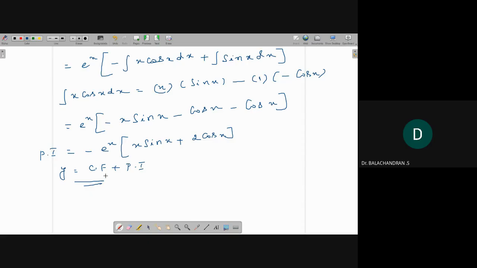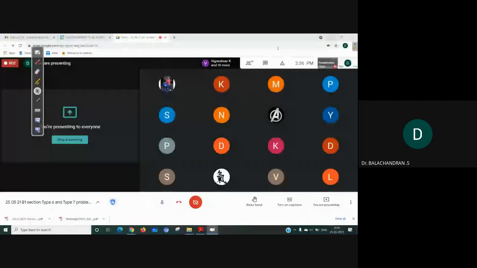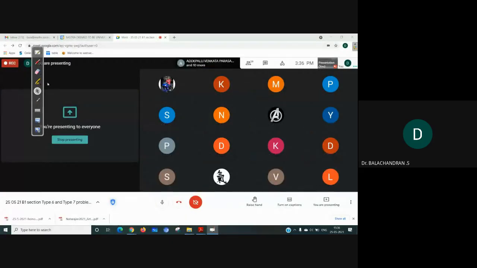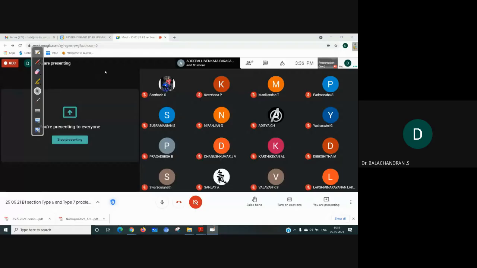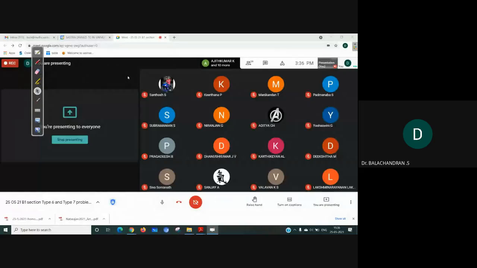Okay. So if you have any doubts in the first column, you can ask me. Santosh, is it clear for you? Sir, what happened to the d square in the denominator?